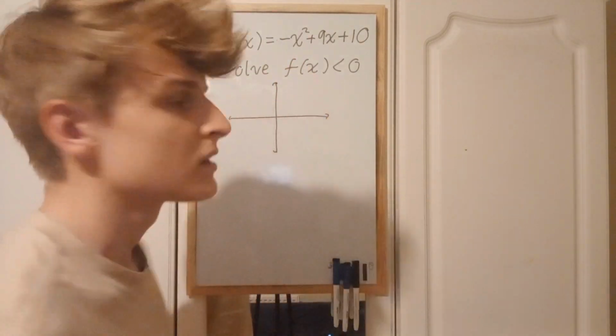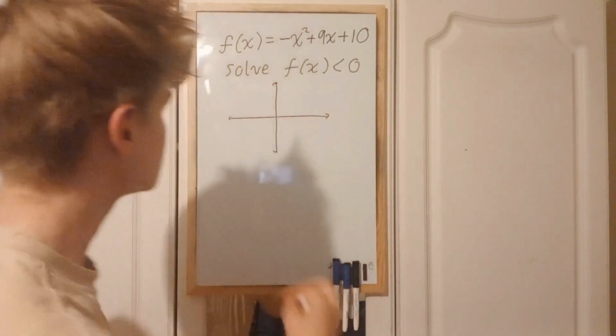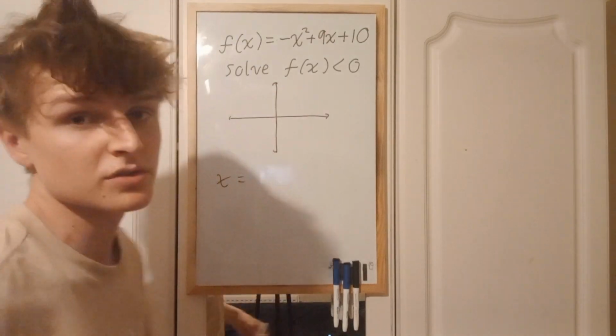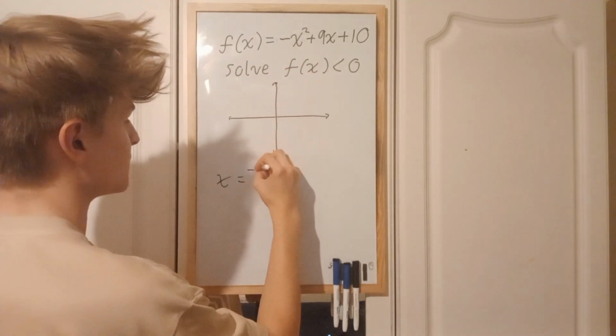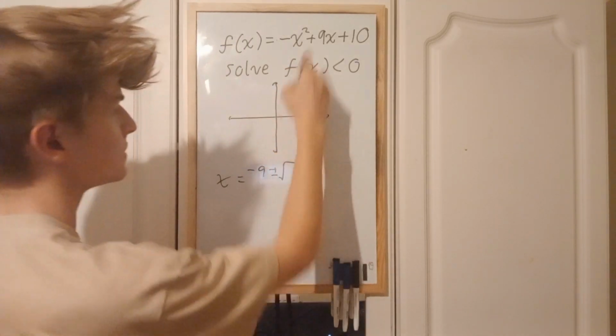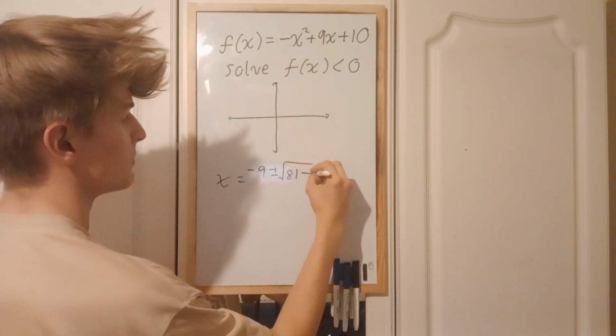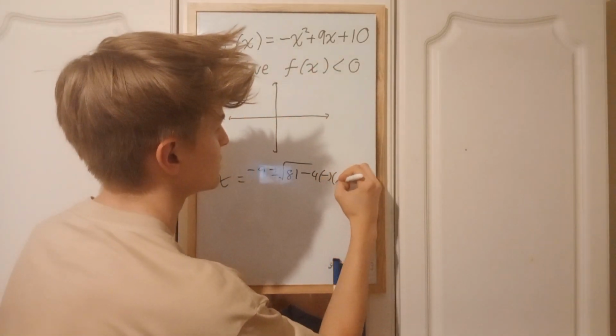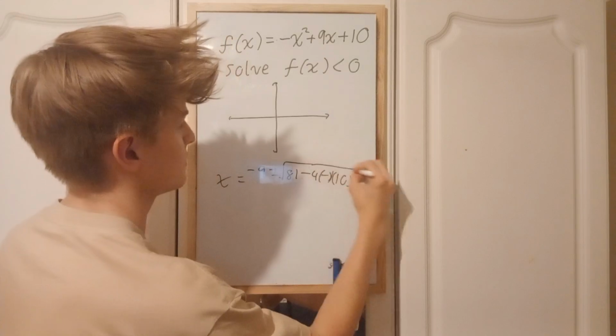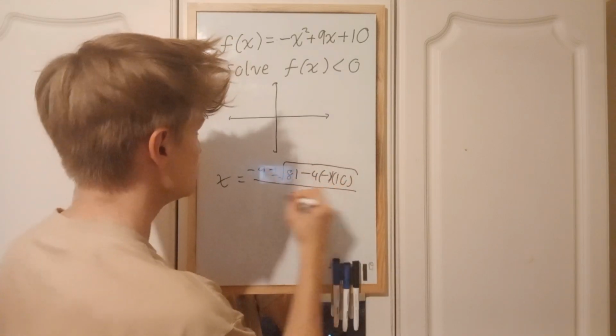Okie dokie. Let's find the roots. I'm going to use the quadratic formula again. I'm lazy, you know. Right, so negative b is minus 9 plus minus the square root of 81 minus 4 times negative 1 times 10, all over minus 2.